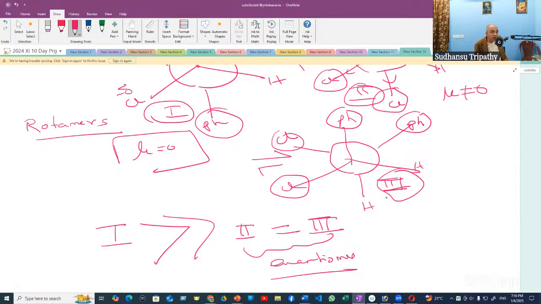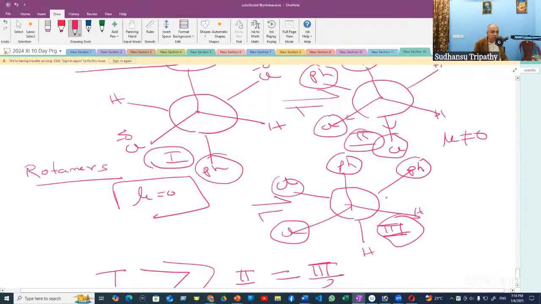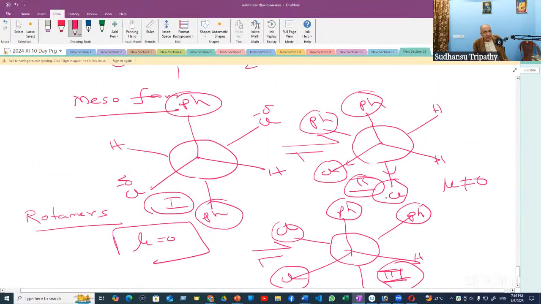And the next question is, since the more abundant form is all anti, the first one, which has a 0 dipole moment, the net dipole moment of the meso form is very small. You will find in the active form, where there will be no plane of symmetry, that the average dipole moment of all the rotamers of the active form will be much greater, because there will be no rotamer where the phenyl will remain anti and chlorine will also remain anti.